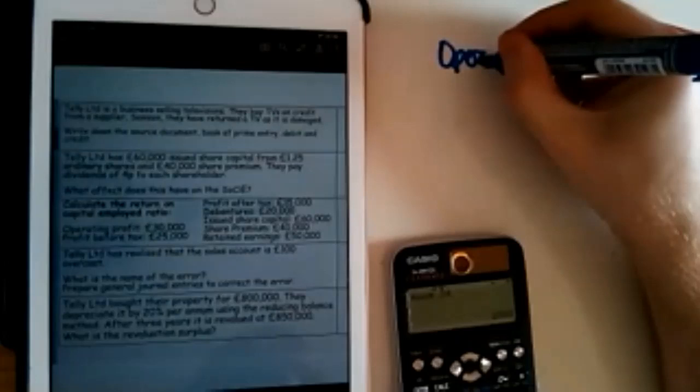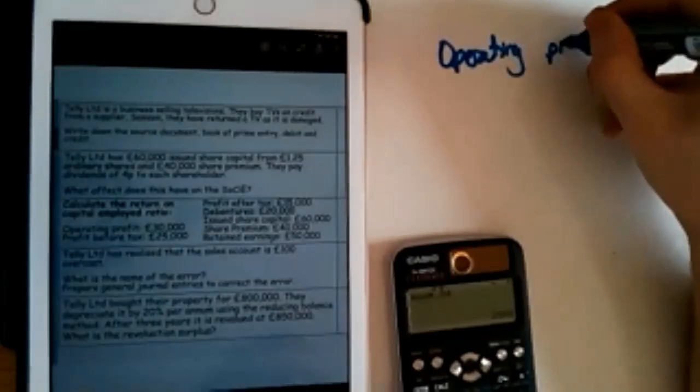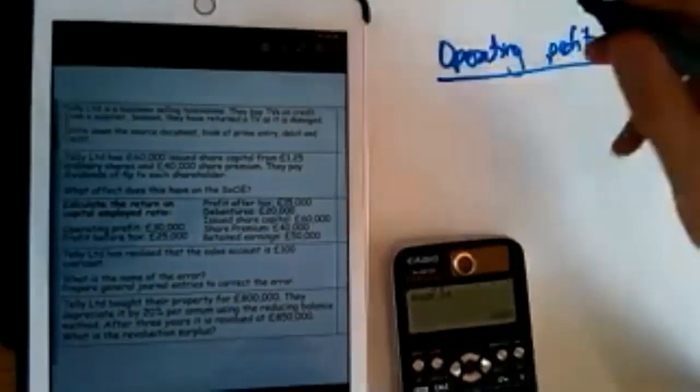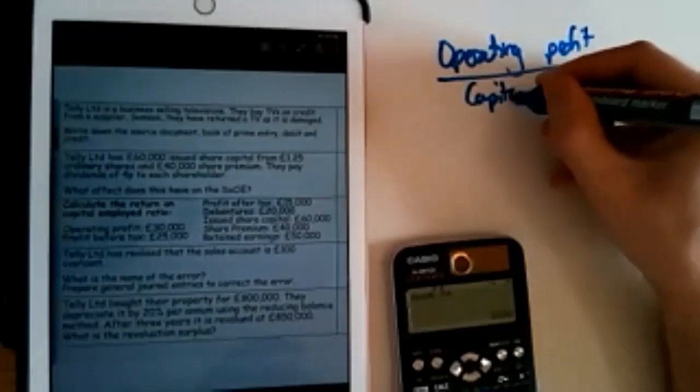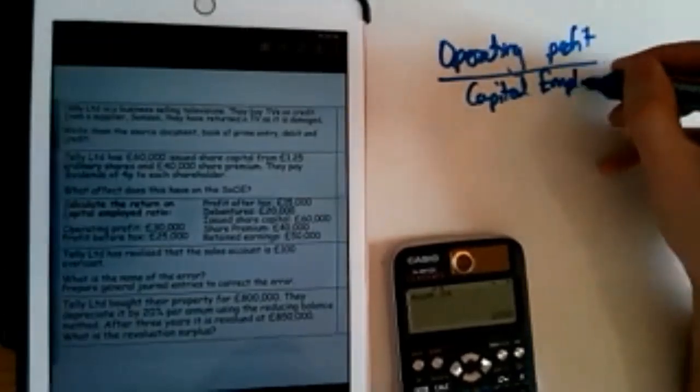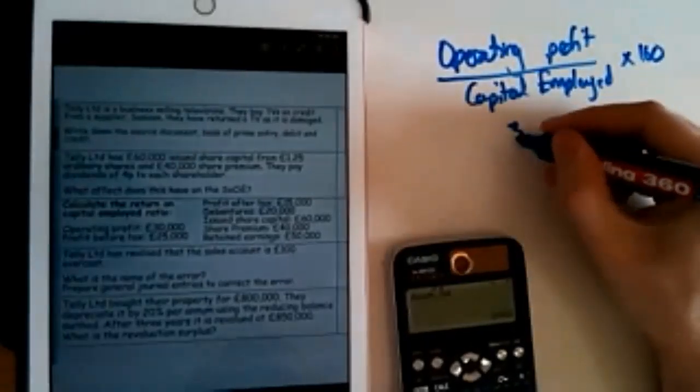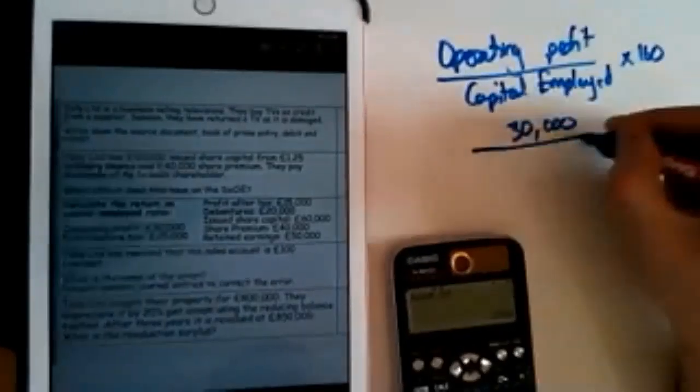Next one. Return on capital employed. So the formula is operating profit divided by capital employed. And capital employed is my non-current liabilities plus my equity. So operating profit was 30,000 divided by capital employed.